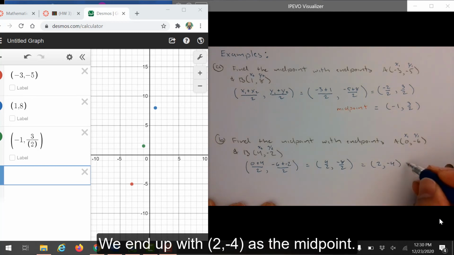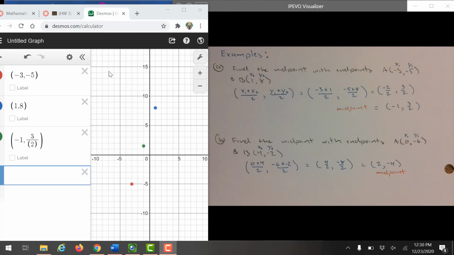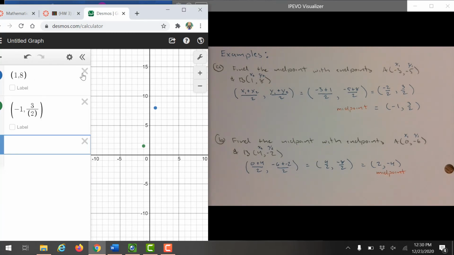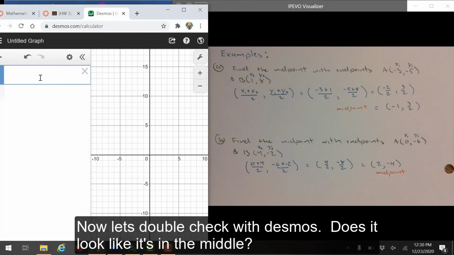We end up with 2, -4 as the midpoint. Now let's double check with Desmos. Does it look like it's in the middle?